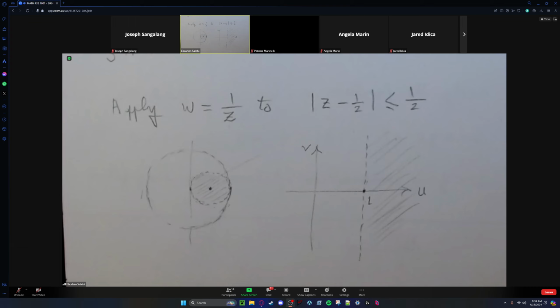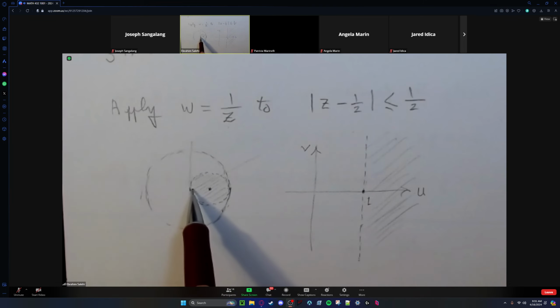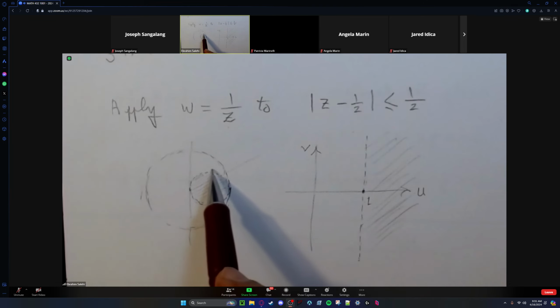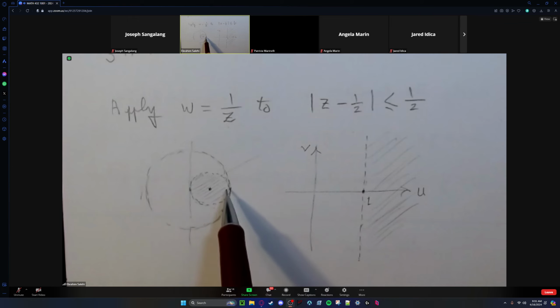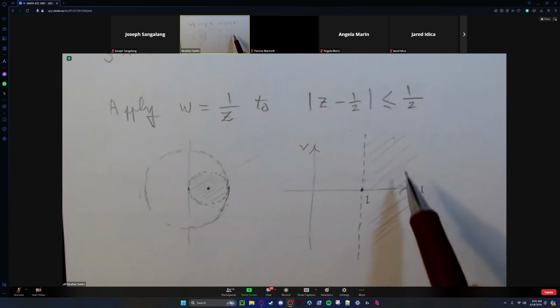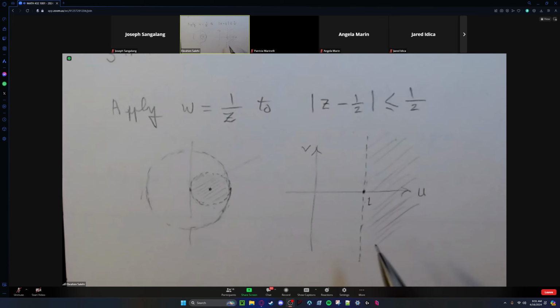In number 16, it does say imaginary part positive, but in number 15 it doesn't. If it says so, the imaginary part positive means half of this goes to half of this. Now, which half?